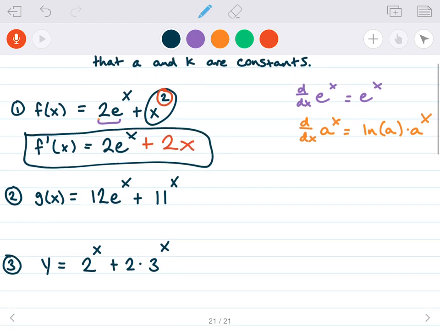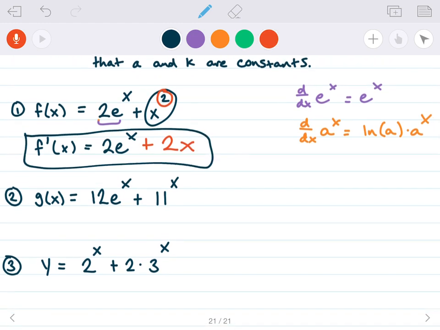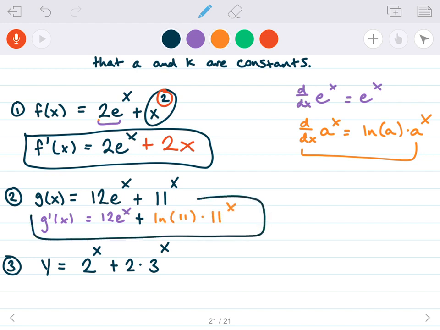Okay, moving on to the next one. 12e to the x, the derivative of that is just 12e to the x, plus the derivative of 11 to the x by this orange rule is just going to be ln of 11 times 11 to the x. So this is my whole derivative, g prime of x.